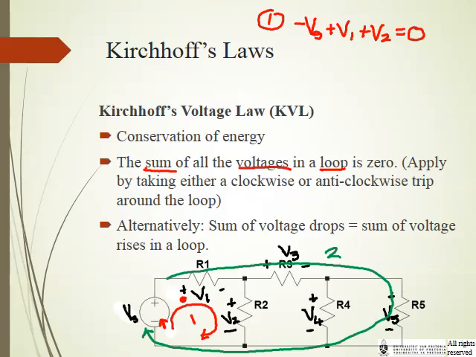So in any closed loop, all the voltages must add up to 0. Then going to the green loop, loop number 2, if you write it down for loop number 2, again it goes into the minus terminal of Vs, then through plus V1, then plus V3, then the loop goes through V5, then at the bottom big loop back to Vs. So that's all the voltages in that loop, and the sum of all those must equal 0.